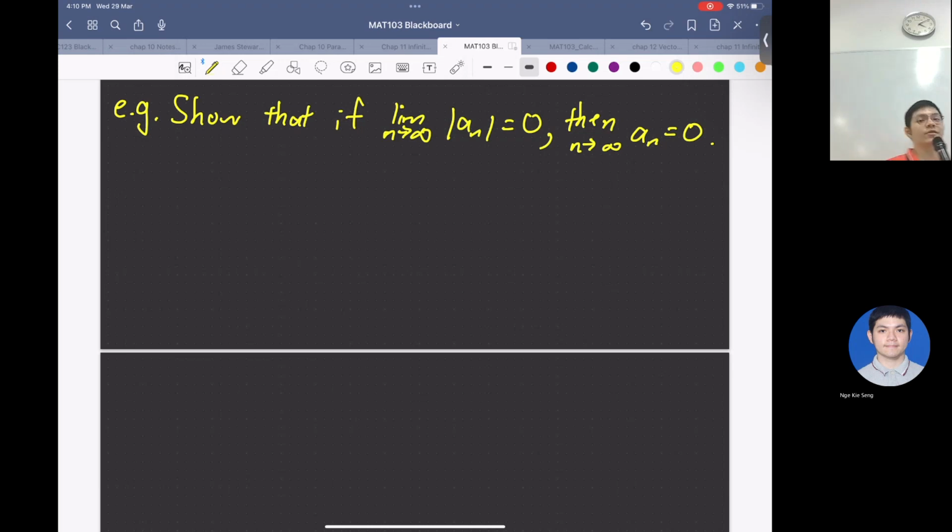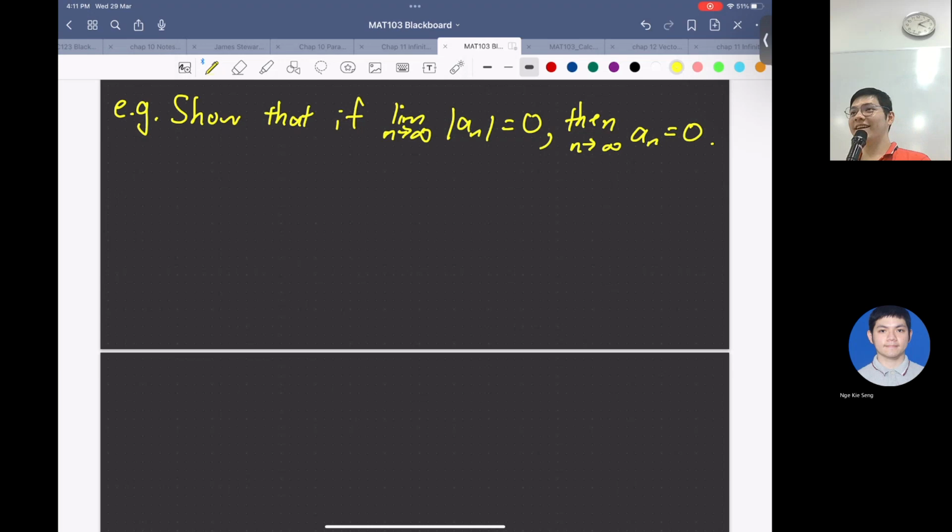So why is this true? I don't tell you what the sequence is now. Any sequence that satisfies this: if you take the absolute value of that sequence, so you throw away all the plus and minus signs, and then you find out that the limit is actually 0, then the original sequence also converges to 0. Why?